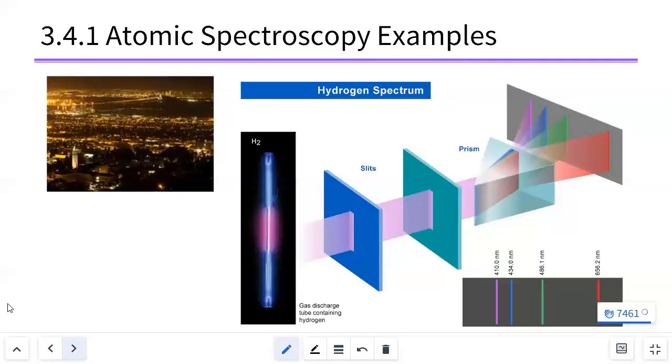Now that doesn't make sense in terms of wave theory. Wave theory would tell us, okay, if I have light going through this gas sample, it's just going to behave like anything else. Light should pass through, should go through a prism. That's not what happens here.